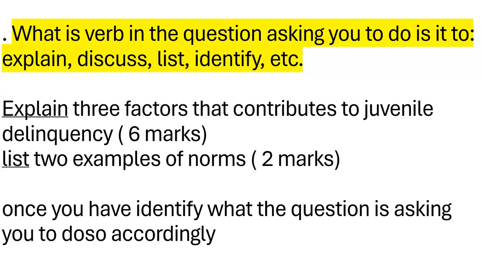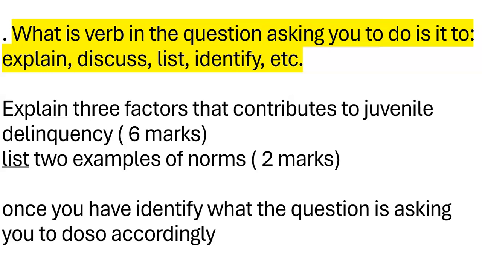Looking at this question, I need to find what is the verb in this question. And the verb is explain. When we explain something, what are we doing? We're going in depth in proving our point.